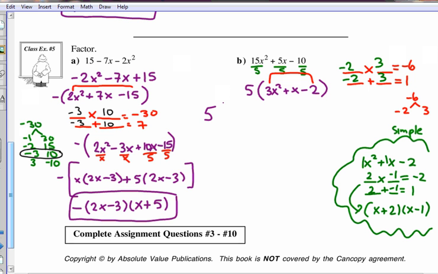Keep those brackets. So instead, we're going to write 3x squared minus 2x plus 3x. We're replacing the middle term. And then minus 2. Okay? And then we're just at grouping. So the first two, what can you factor out? x, and we're left with, so divide each by x, 3x minus 2.